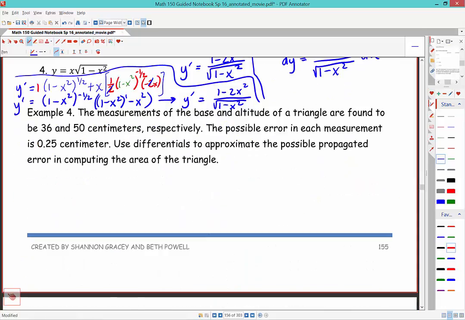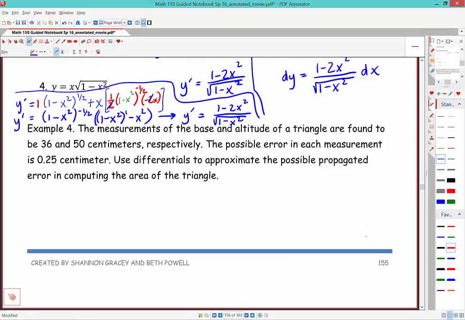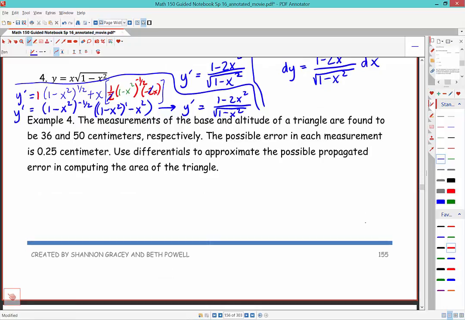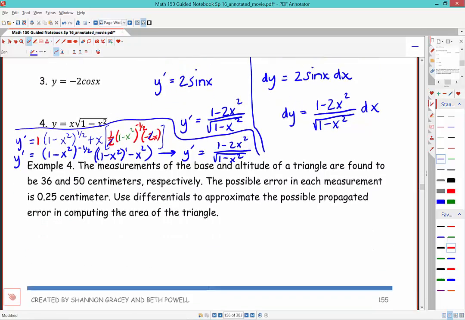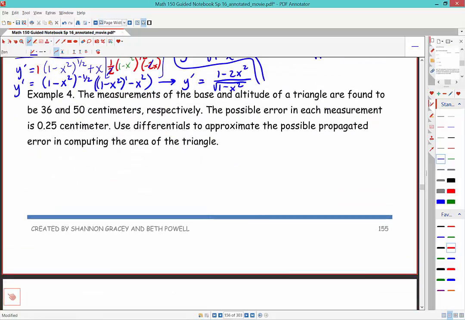Alrighty, so now this error propagation works well in examples like this next one, example 4. So here, what we want to do is, first of all, analyze the problem, and then secondly, figure out what our differential is that we need to find.